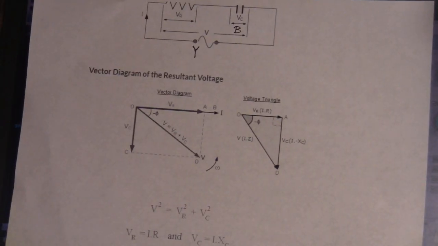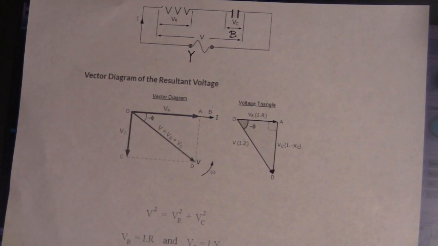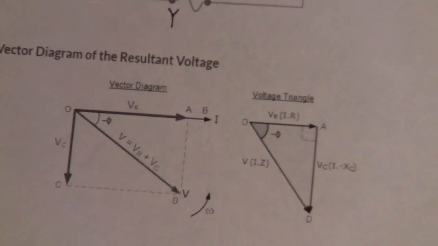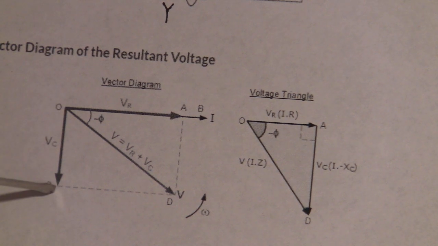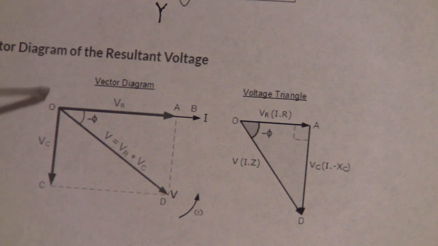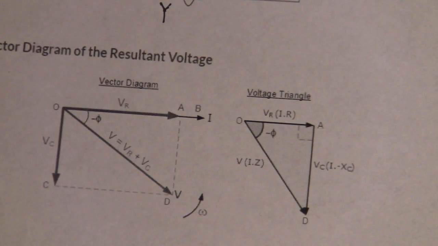In the ideal world, we are saying the capacitor has 90 degrees to the I, right? The VC will be 90 degrees to the I. So that's ideal.